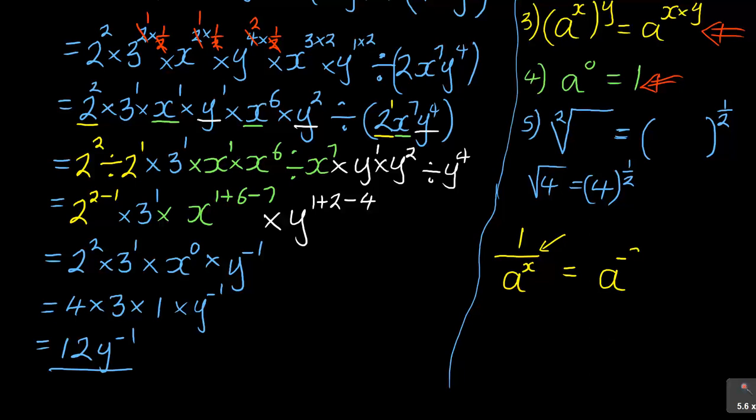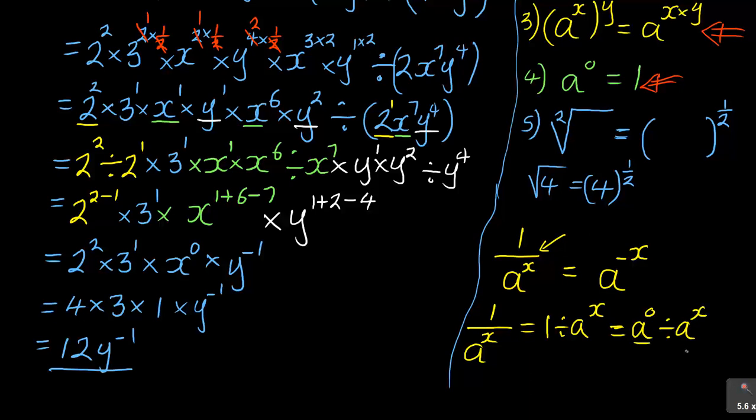If I say 1 over a to the power of x, this is the same as saying 1 divided by a to the power of x, if you still remember, which is equal to, now remember any number to the power of 0 is a 1.